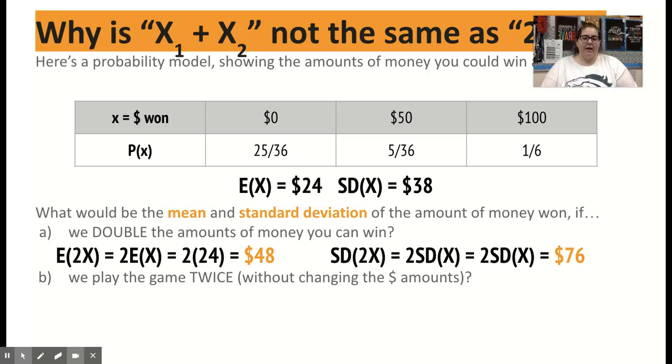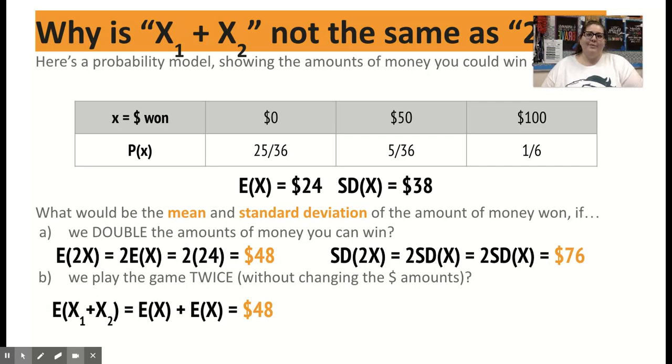So that's scaling. Part B, what if we play the game twice without changing the original dollar amounts? Playing the game twice is an example of a combination of the same variable twice. So I'm not actually changing the numbers in the table. We're not scaling, we're playing the game twice, which represents that combination of variables.